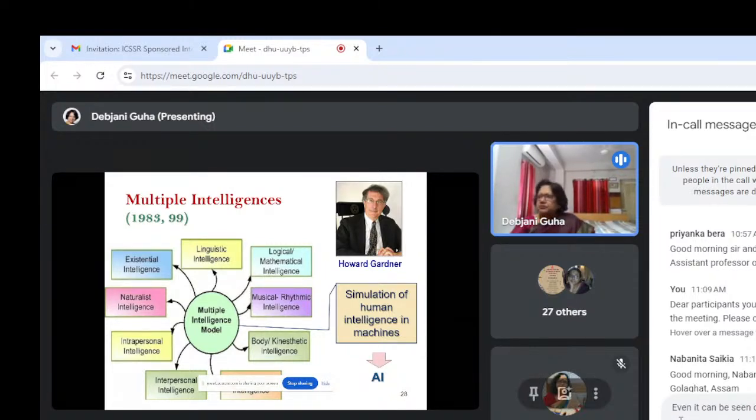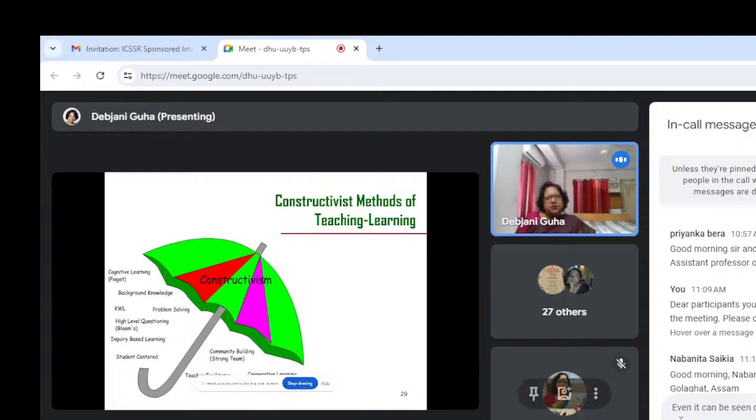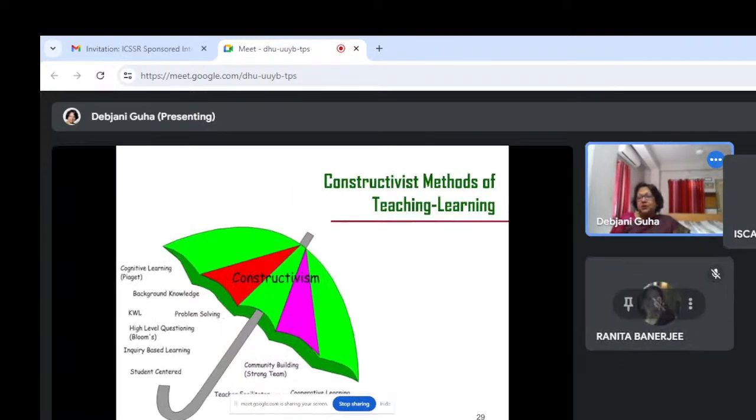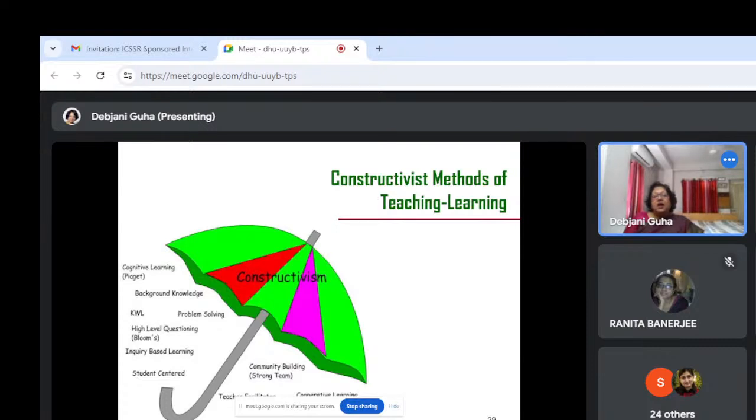Now, all the constructive methods of teaching and learning come under the same umbrella. I don't want to explain much, but the constructive instructional approach actually helps to develop students' ways of thinking, and it also helps to enrich students' experience.